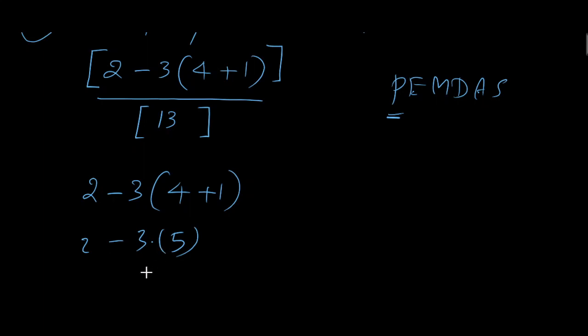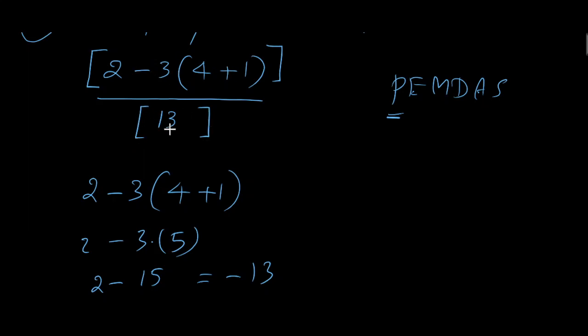So 3 times 5, 15. So 2 minus 15. Next parenthesis, no. Exponents, no. Multiplication and division, no. Addition, subtraction. So subtraction is there, 2 minus 15. So we'll get negative 13. We have evaluated the numerator.